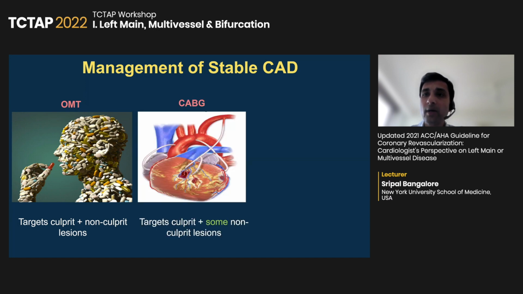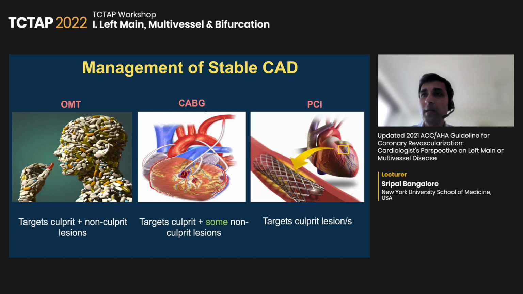Then you have coronary artery bypass surgery, which targets culprit or severe lesions, but also bypasses the first 50 millimeters of the coronary tree, or the first two-thirds of the coronary tree. So it does provide protection against any plaque rupture in that particular segment. And then we have PCI, which mainly targets the culprit lesion.